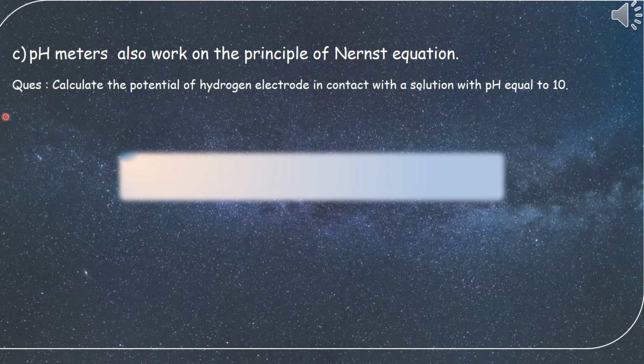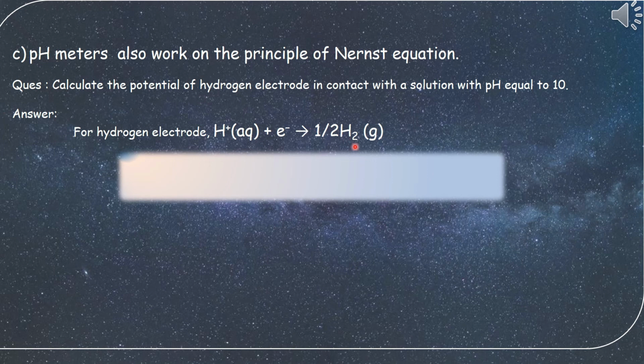The pH meter actually works the other way around. It shows the pH based on the potential of the hydrogen electrode. Here we are trying to determine the potential of the hydrogen electrode if the pH is equal to 10. First, we'll write the equation for the reduction of hydrogen: H plus ions plus electron gives half H2.